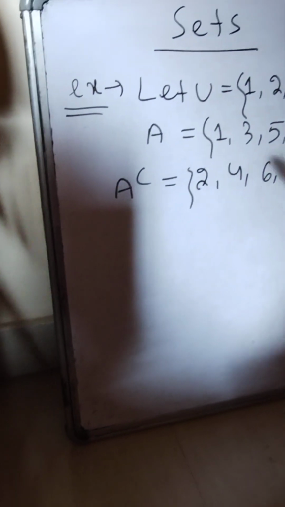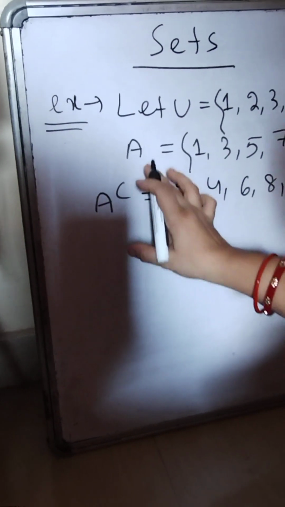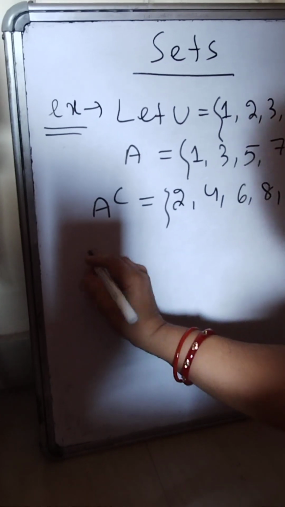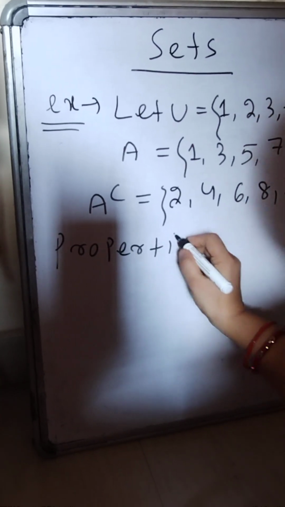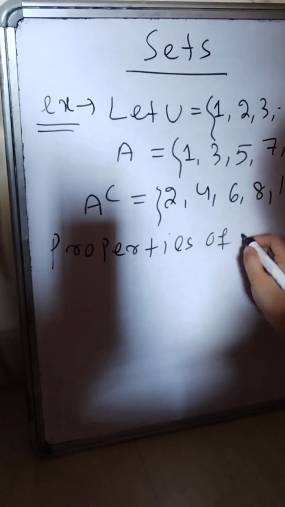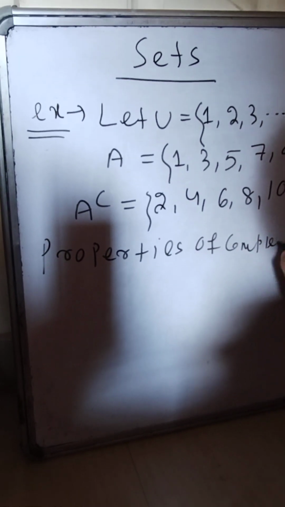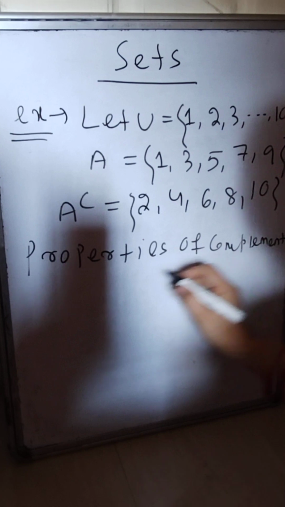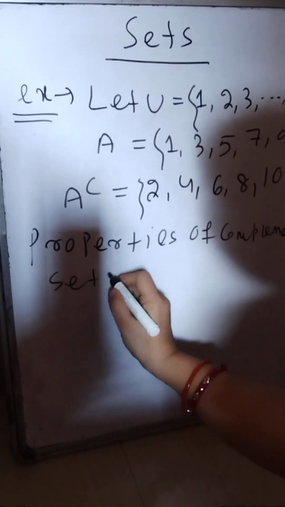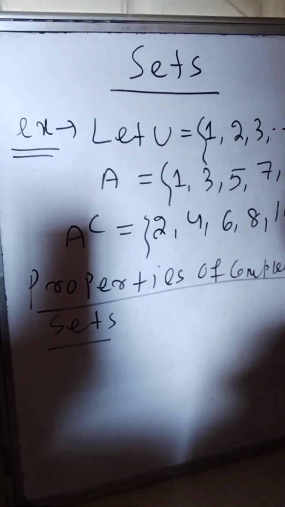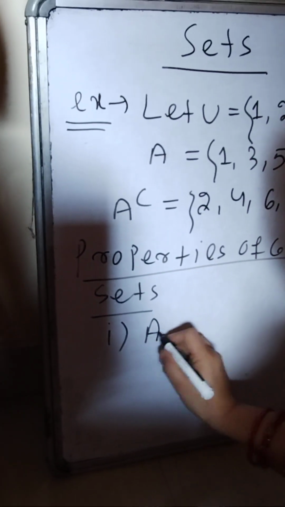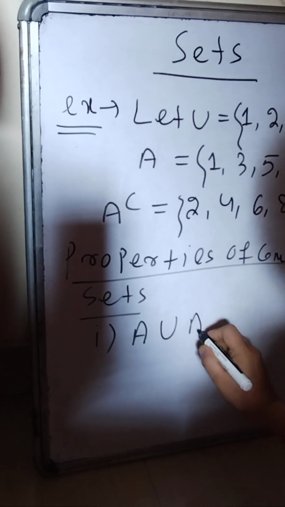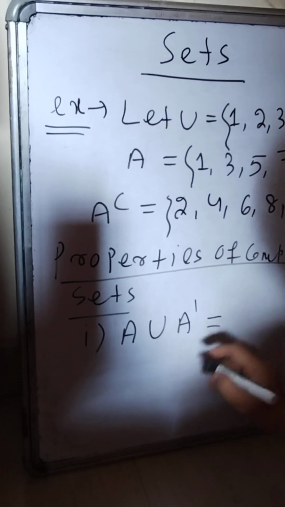Similarly, if a universal set is given and any set is given, then you can find the complement of that set. Now some properties of complement sets. First property is set A union its complement. What will be this?